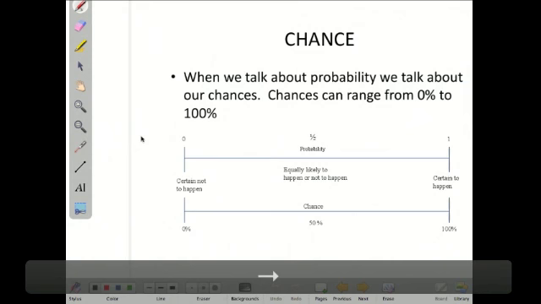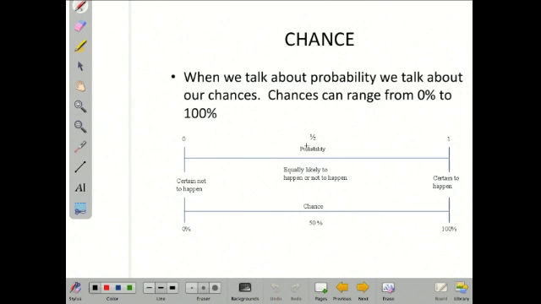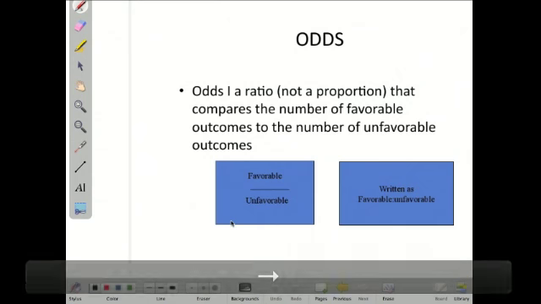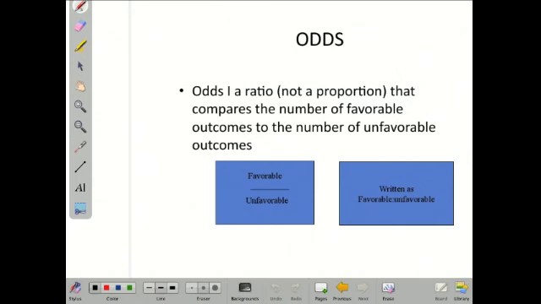Now, when we talk about chance, we're talking about percent. Probability typically deals with fractions. Chance, we're talking about a percent. Okay, now we come to odds. Odds is a little bit different.